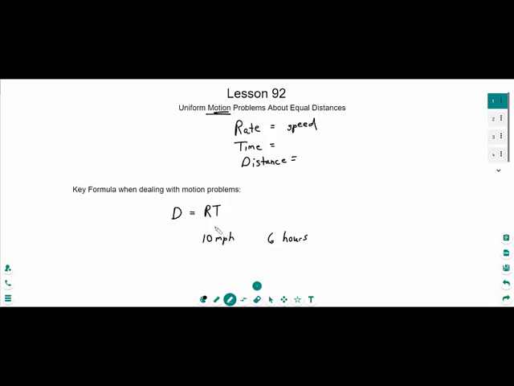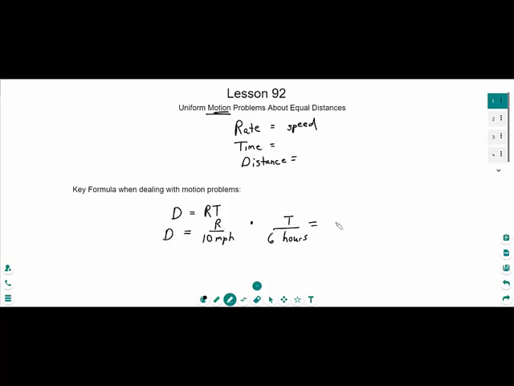The 10 miles per hour, that's my speed, that's my rate. The 6 hours, that's my time. So what's my distance? Well, my distance would be rate times time. So distance is going to equal rate times time.